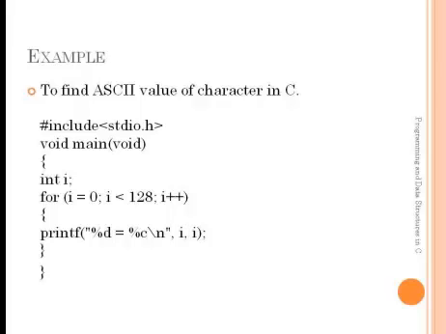Here the value of this character is null. This null is assigned to 0. The output after the first iteration is 0 equals null.